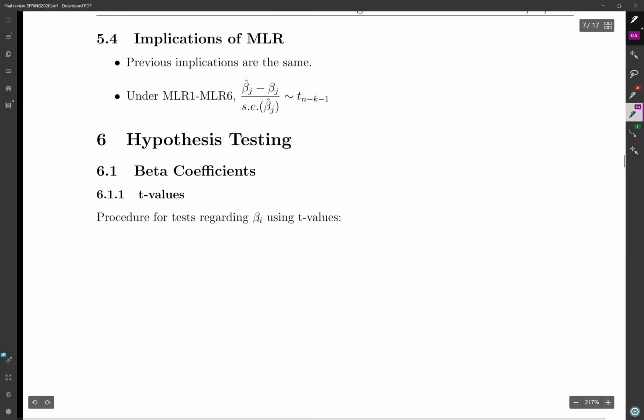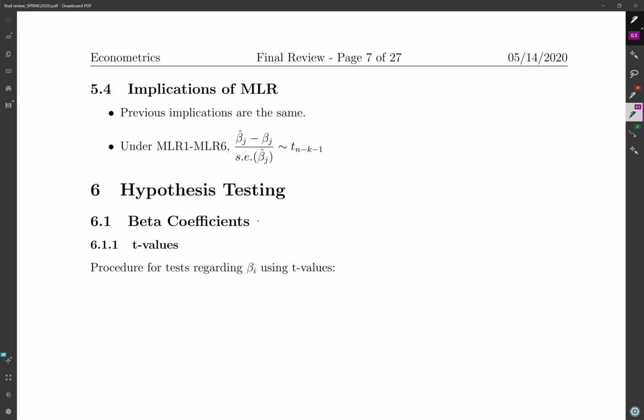So why is that important? Well, if that is the case, then we can say the difference between our estimate beta j hat and beta j, divided by the standard error of beta j, is t distributed. If you remember, the t distribution is very similar to the z distribution.